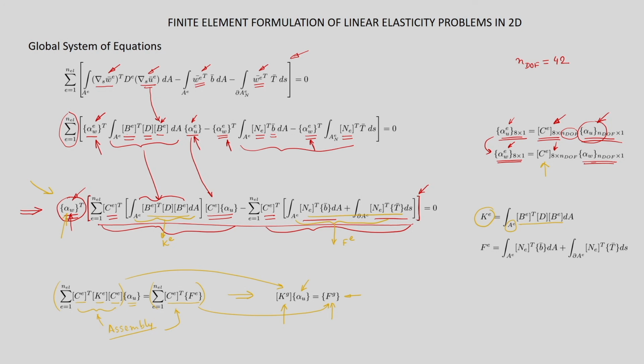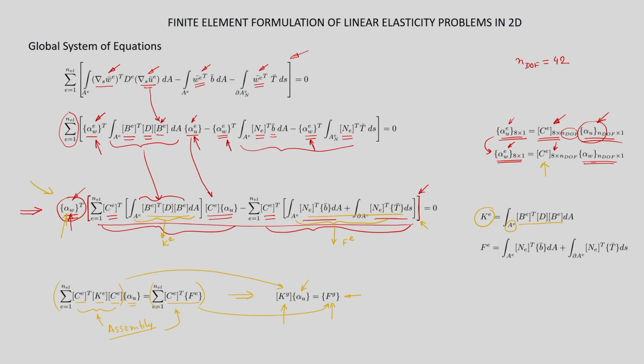Now, if I choose the ith entry of this column vector as 1 and all other entries as 0, then if I take the dot product with the second vector in the square bracket, obviously I will get only one term, which is the ith equation, isn't it? So, if I replace the ith entry of alpha W as 1 and all other entries as 0, then I will get the ith equation.